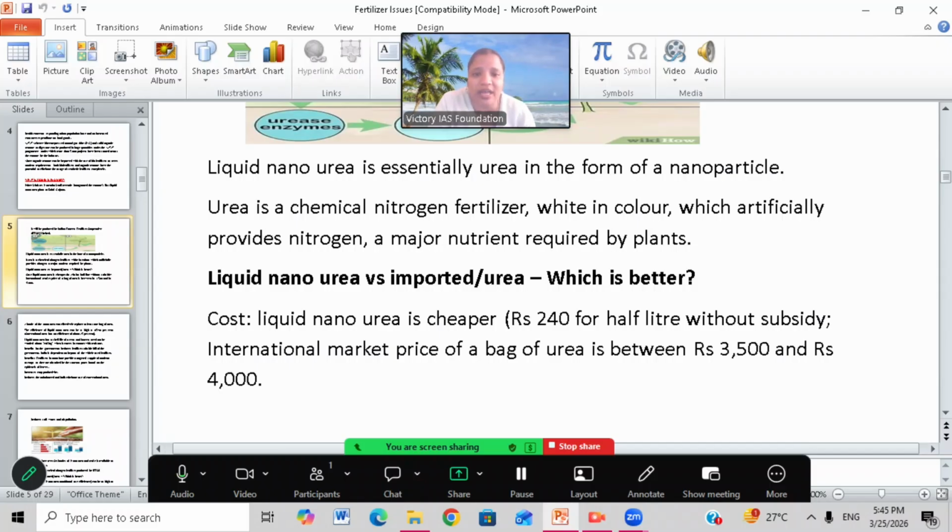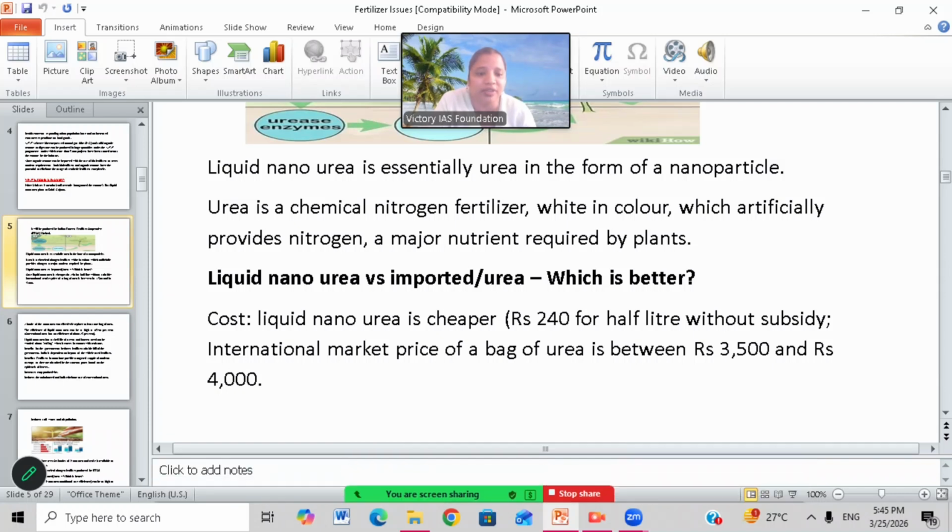Okay. So, what is the cost of this liquid nano urea? This is very cheap, 240 for half liter without subsidy. International market price of one bag of urea is between 3,500 to 4,000 rupees. Means one bag of urea of 4,000 rupees, you are now replacing with the liquid urea of 400 rupees.